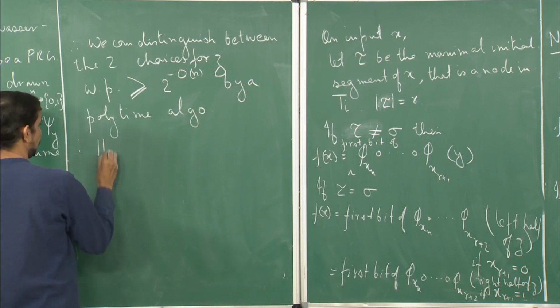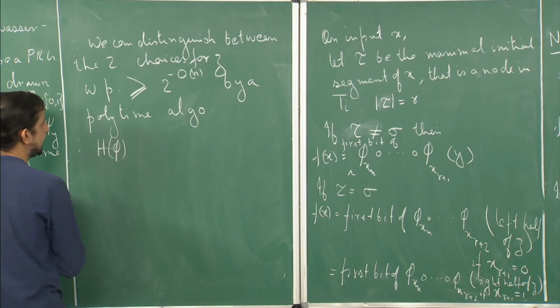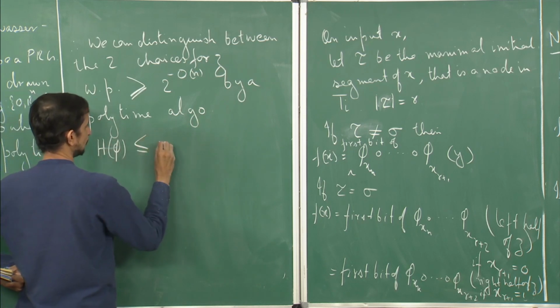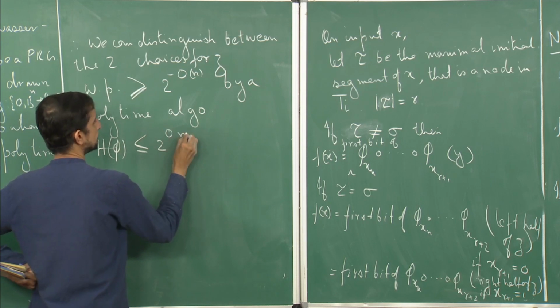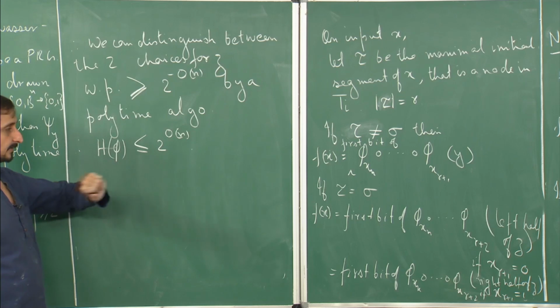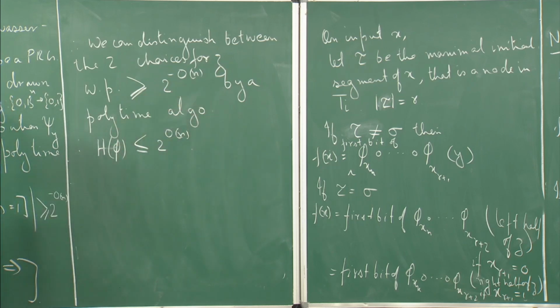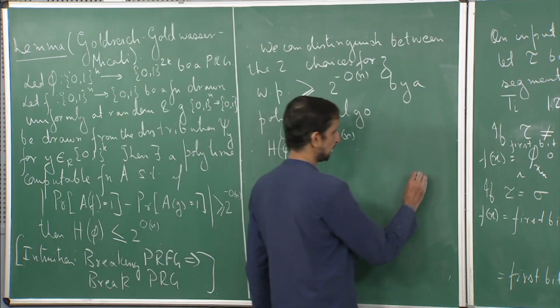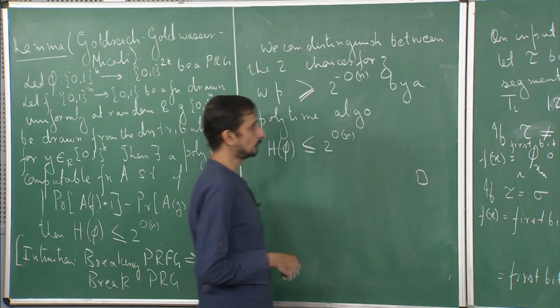So it means that h phi is at most 2 to the power order n, right? This is polynomial time, and this is just 1 over m, which is 2 to the power order n. Okay. So this completes the proof of this.